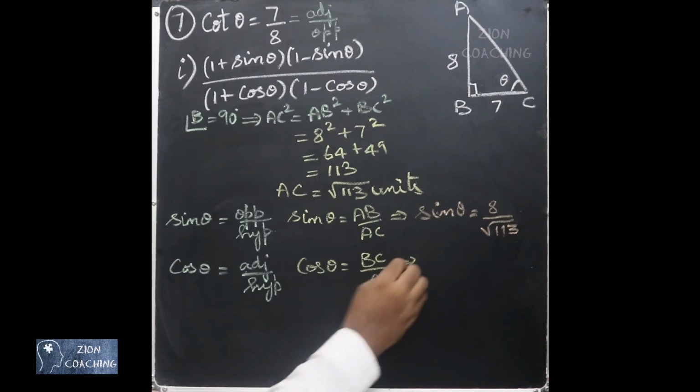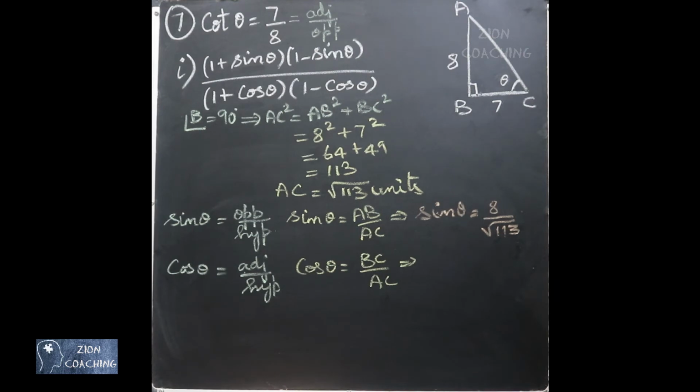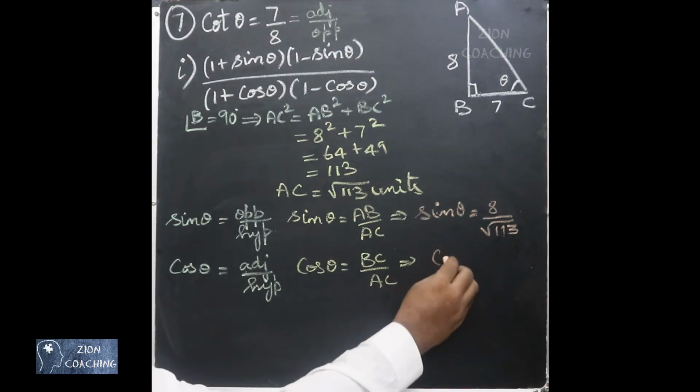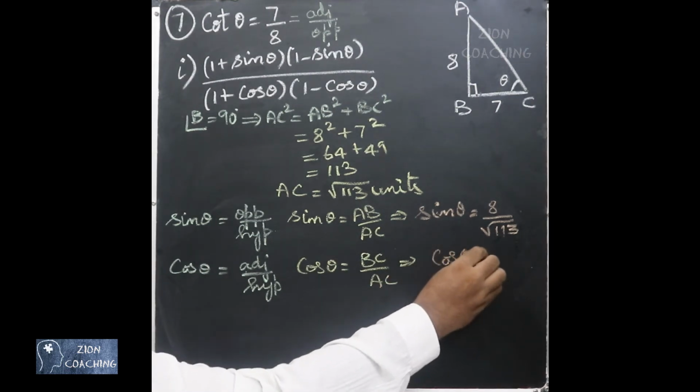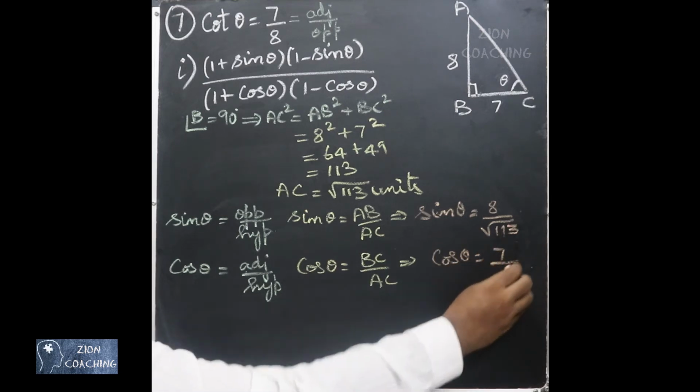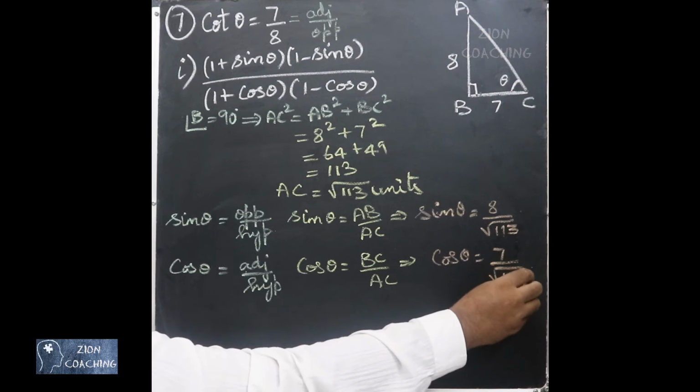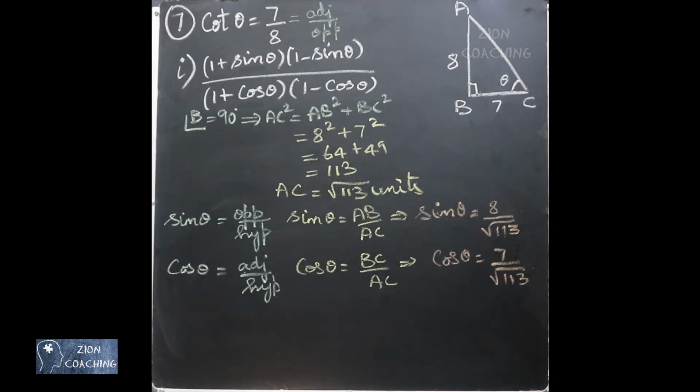That is going to give you cos theta is equal to 7 by root of 113. Now we have found both sin theta and cos theta.